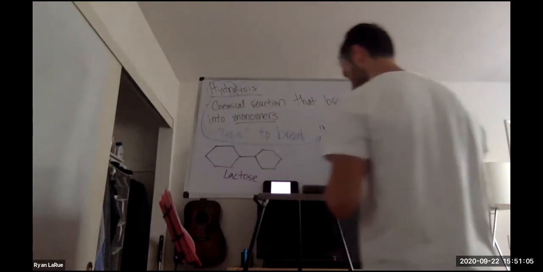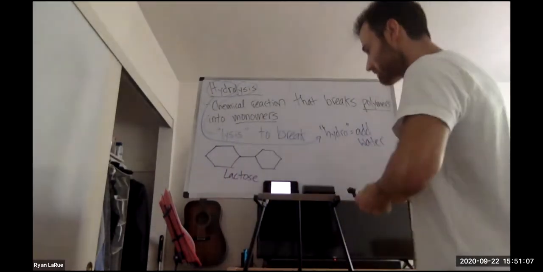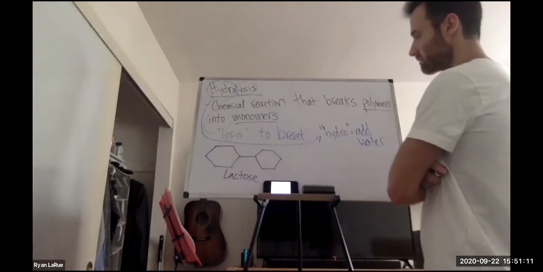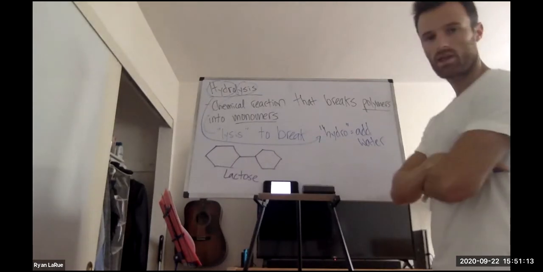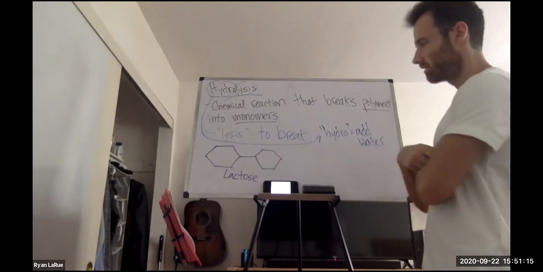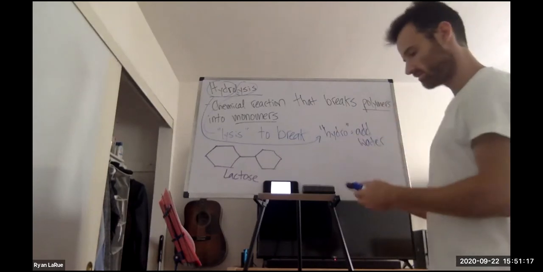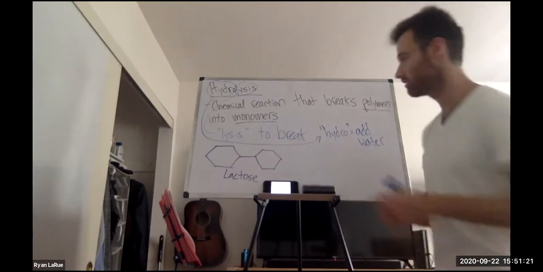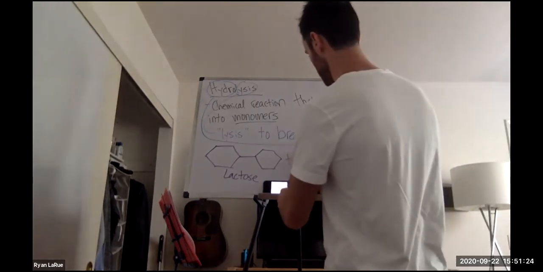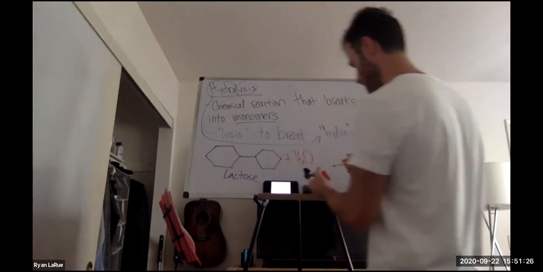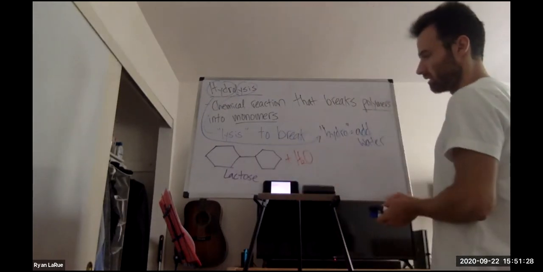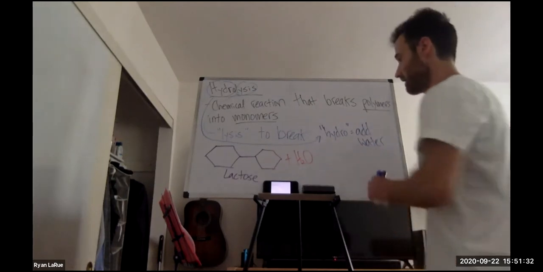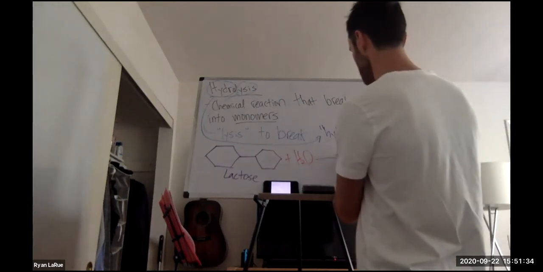Starting this time with lactose. And like we said, this time we're adding water. So I'm going to write plus H2O. And we have our reaction arrow, getting crazy with the colors today.